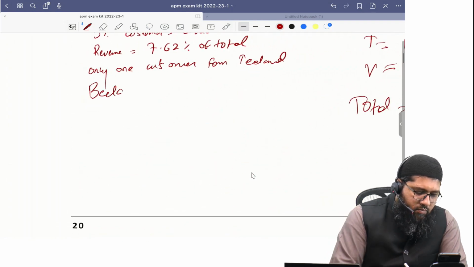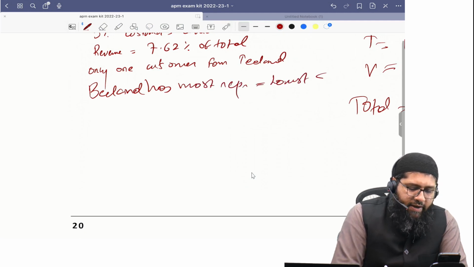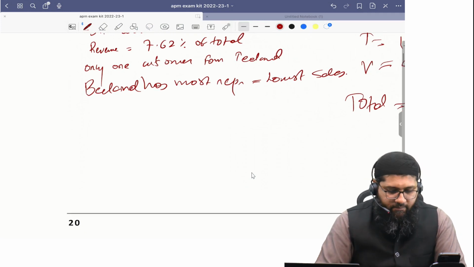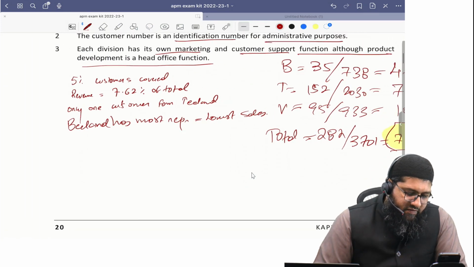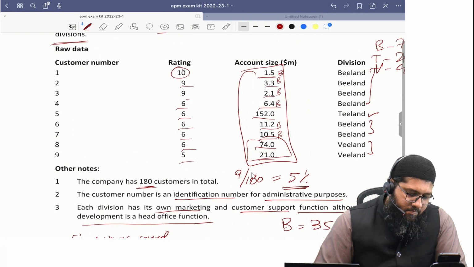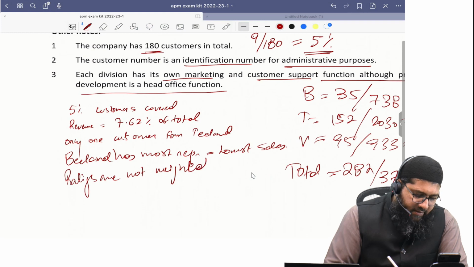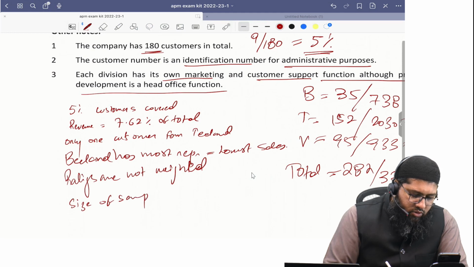B-land has most representation, although it has the lowest sales, right? What else is there? The next issue is that the ratings are not weighted. So the size of the sample is too small.